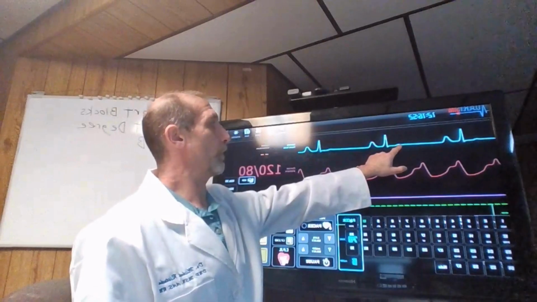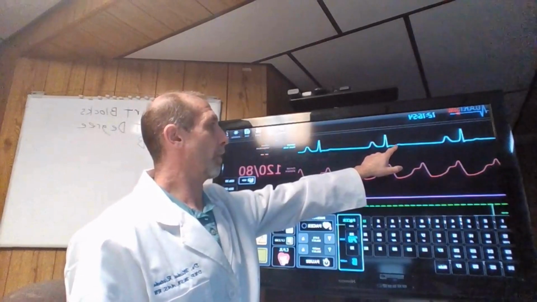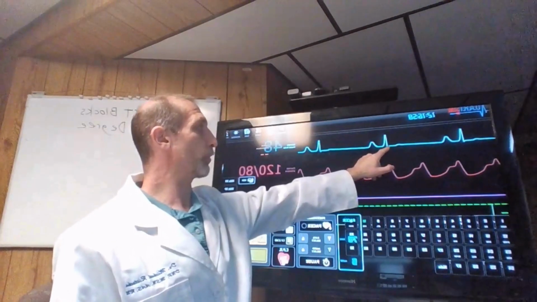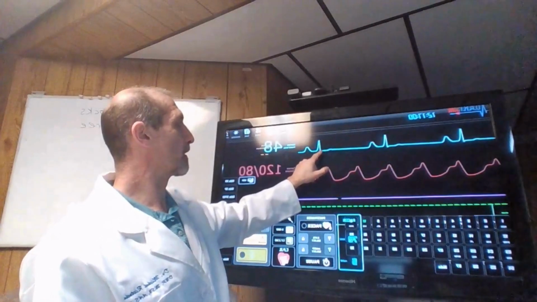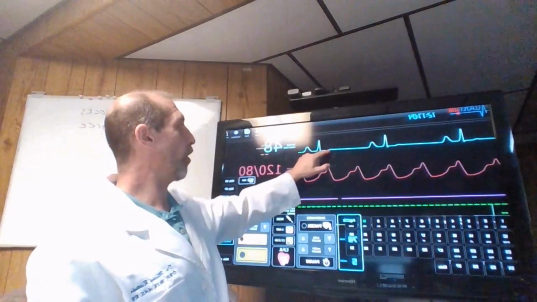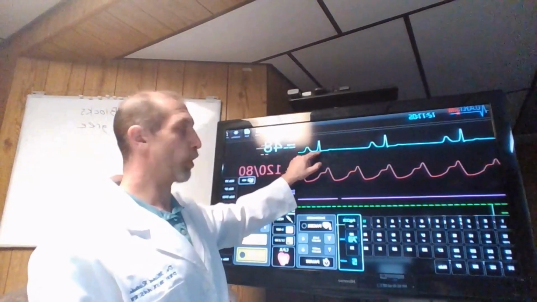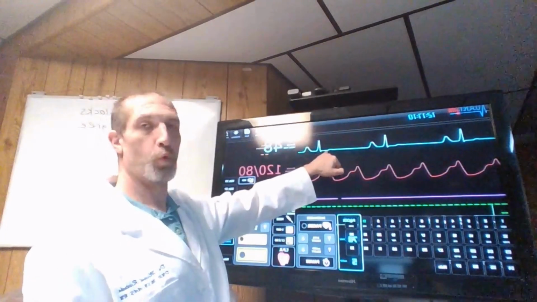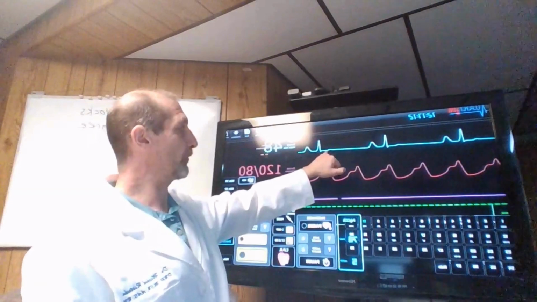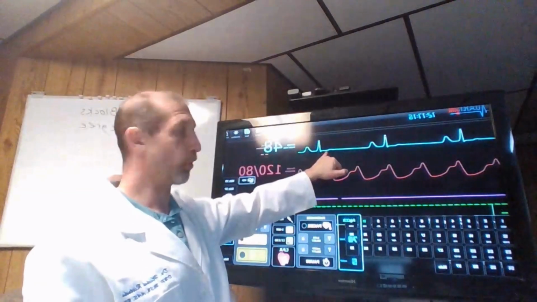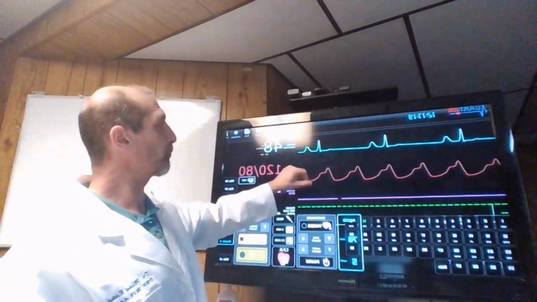If we were to measure our PRI, or our PR interval, we're going to find out that these are longer than the normal one. This is your clue right here that this is a first degree heart block.